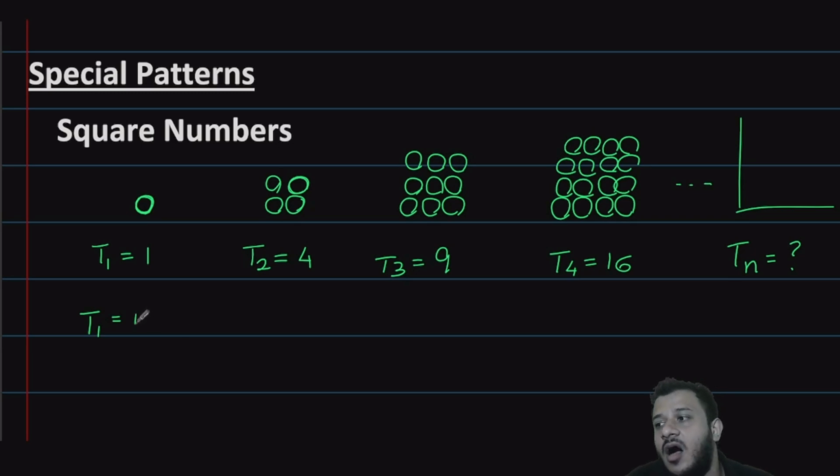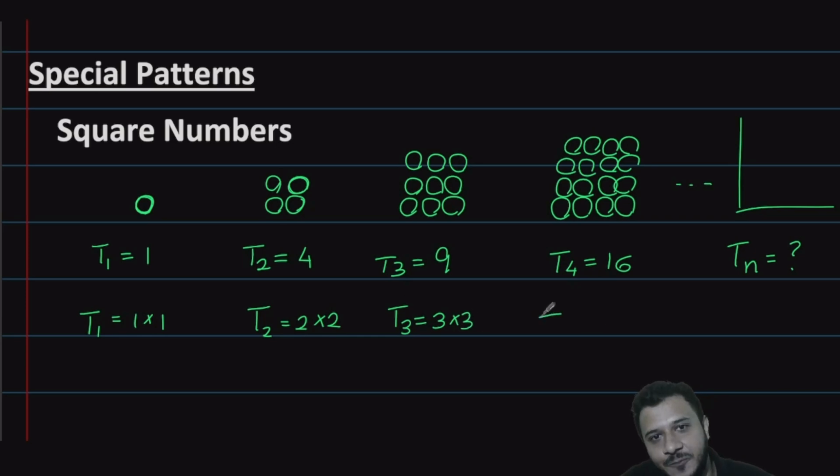1 times by 1. Yeah, 4 means 2 times by 2. This term number 3 is made up with 3 times by 3. Term number 4 can be found with 4 times by 4. Or in other words, term number 1 is 1 square. Term number 2 is 2 square.